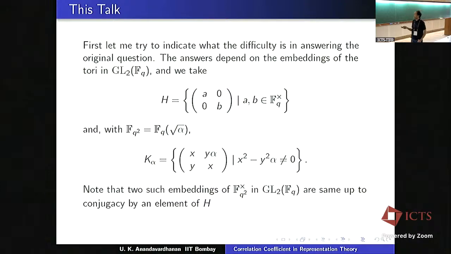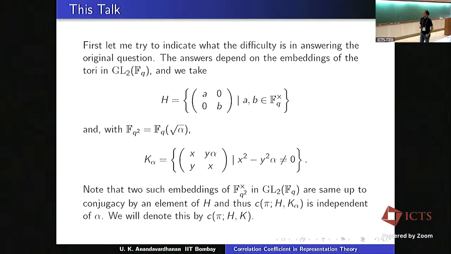They are the same up to conjugation by an element of H. Because of that, if you take only these kinds of K_alpha, then the correlation coefficient will be independent of alpha, since any such thing is obtained by conjugating this group by an element of H. Therefore you get independence of alpha, and I suppress alpha from the notation. Whenever I take this kind of K, I don't put the alpha, and C(pi, H, K) is this number.